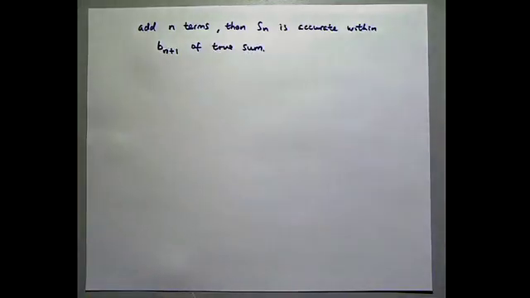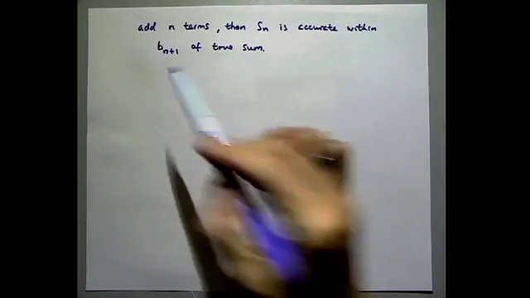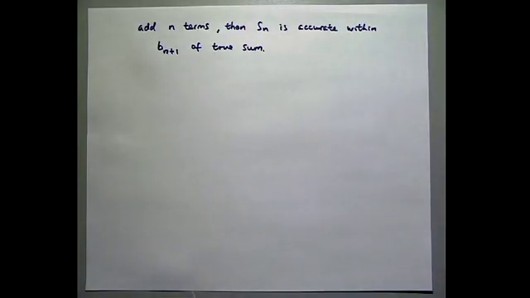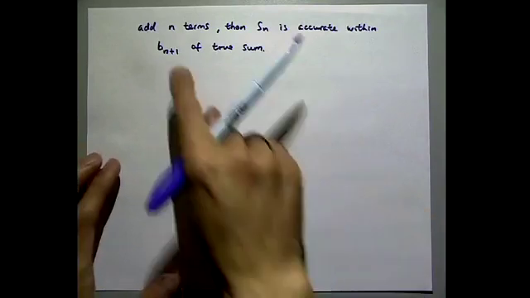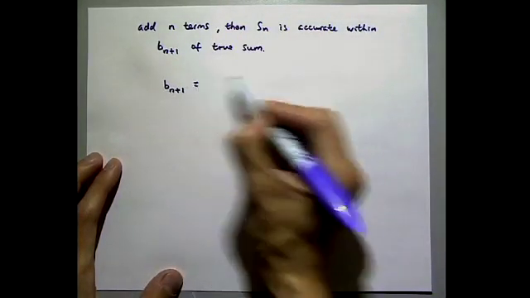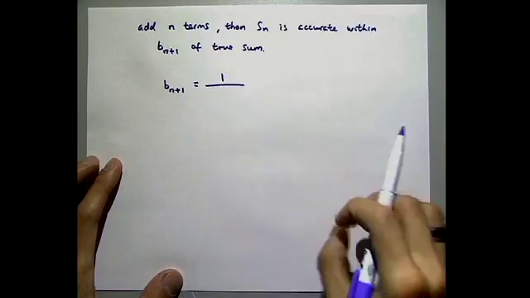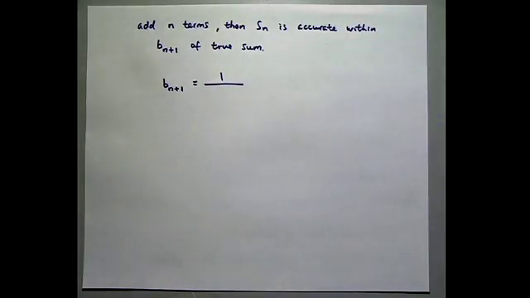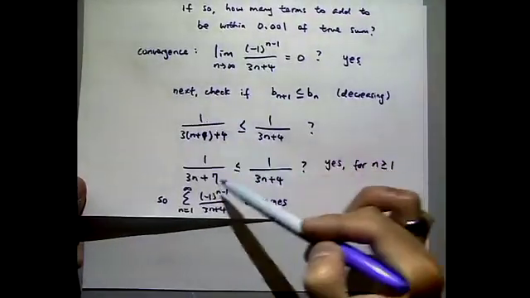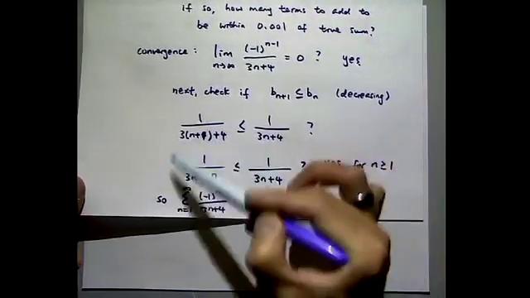That's what the remainder estimate tells us. After I got n, the next one that I ignore, the magnitude of that term, is the accuracy term. And b_(n+1), we did that earlier when we were checking the decreasing thing. This guy right here, this is b_(n+1).